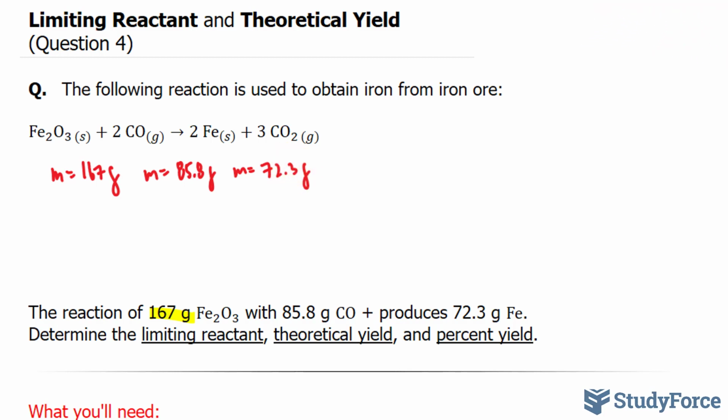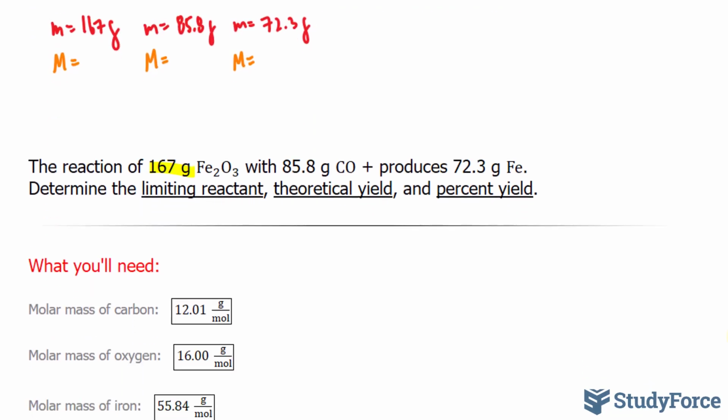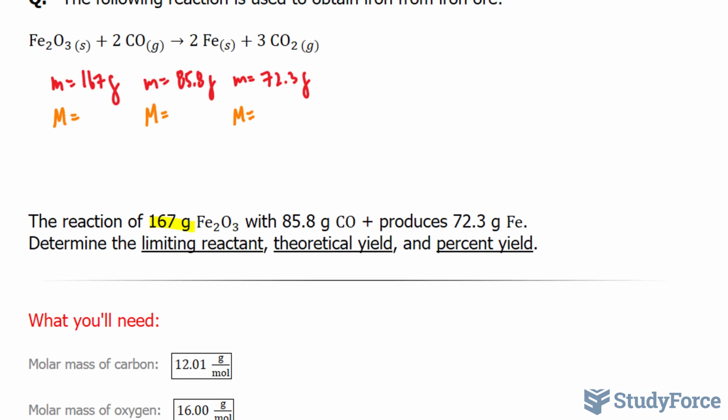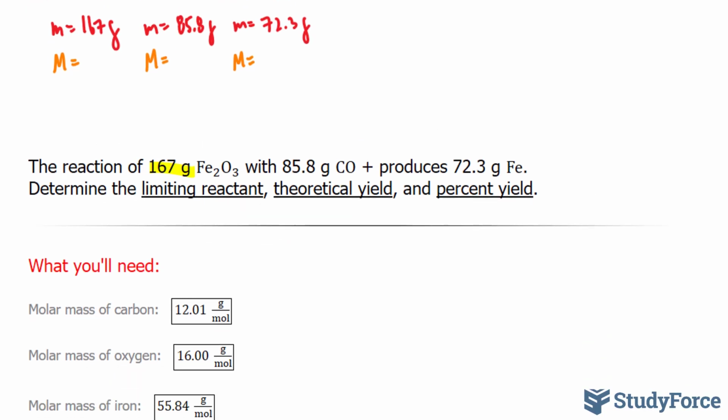Next, what I want to do is find the molar mass of each of these compounds. And I'll represent molar mass by the capital letter M. And to find the molar mass, we need to look up individual atoms found in each of these compounds within the periodic table. And if you do that, you should end up finding these numbers. So our first compound was Fe2O3. To find its molar mass, the molar mass of iron is 55.84.